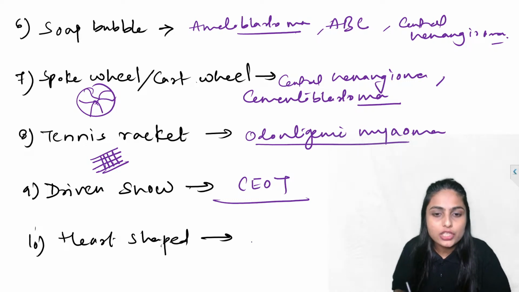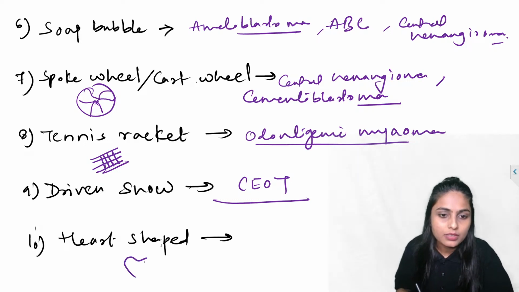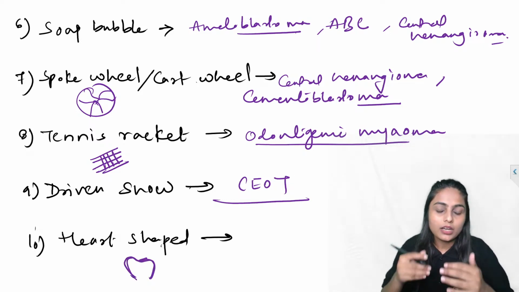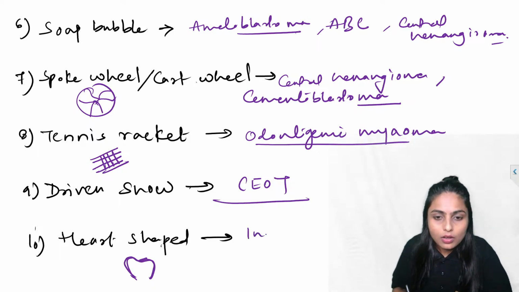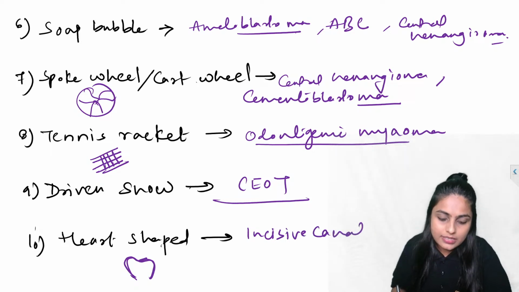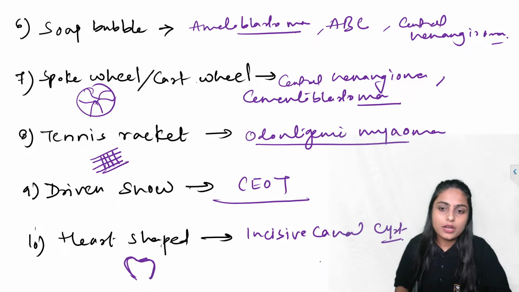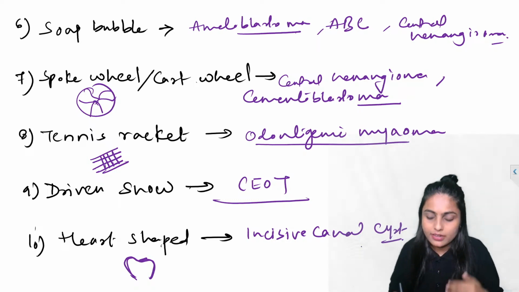Next, we have heart-shaped radiolucency. Heart-shaped radiolucency is seen in the incisive canal cyst, or nasopalatine cyst, right?